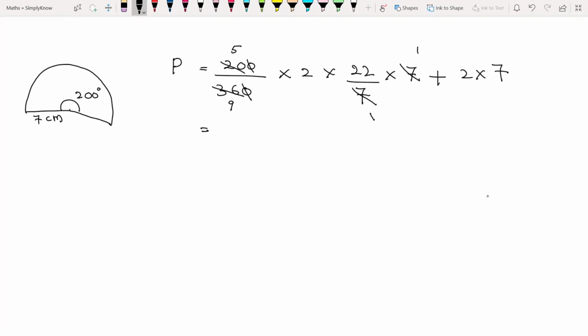Okay, then we write the remainings. 5 times 2 is 10. 10 times 22 is 220 divided by 9. Plus 2 times 7 is 14.